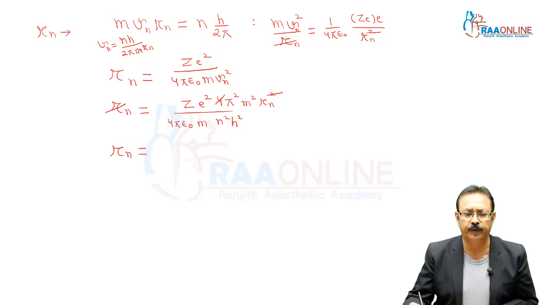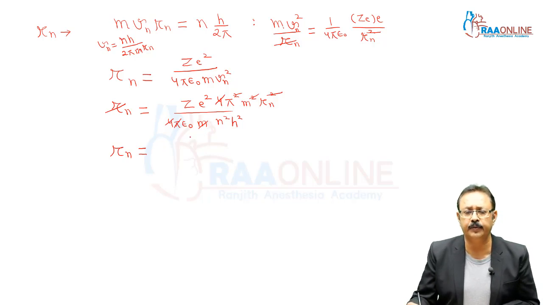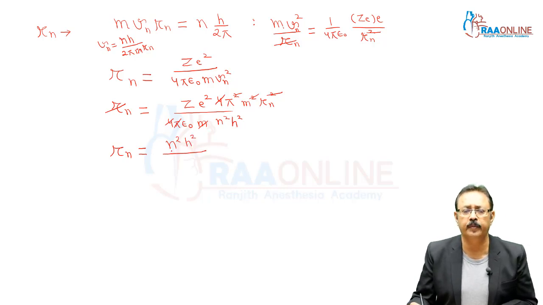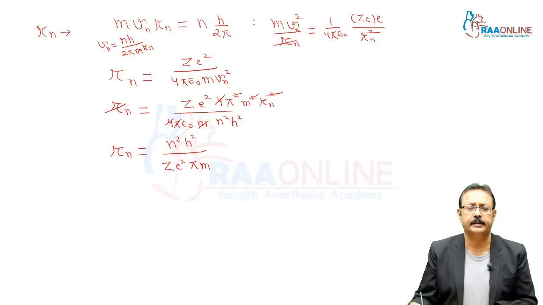Cancel 4 with 4, pi with pi, m with m. So what remains? Take this n square h square on that side. In the denominator, Z e square pi m. This.